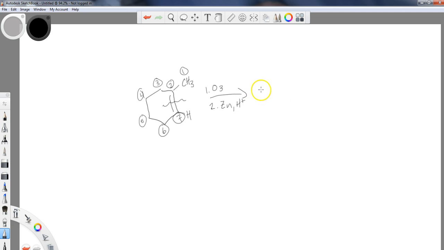So if I were to write this out sequentially, start with number 1 and say this is CH3. Number 2 is a part of the double bond, so that becomes a carbonyl. And then number 3, 4, 5, these are all CH2s, 6. And then when I get to 7, 7 was also involved in this alkene, and so there's an aldehyde. So again, I have a ketone and an aldehyde that comes out of this.